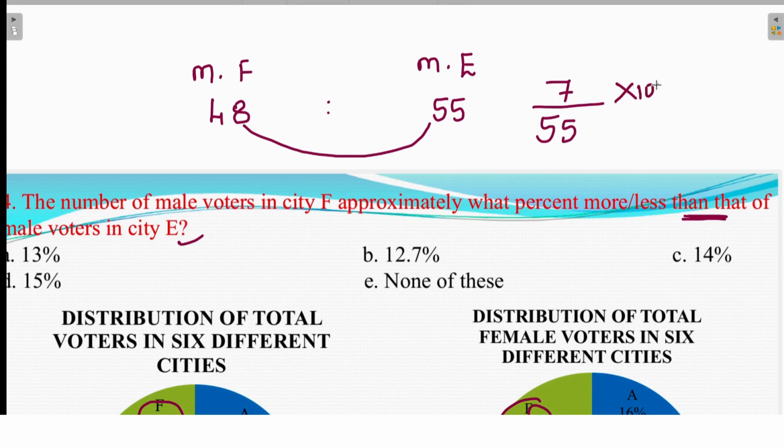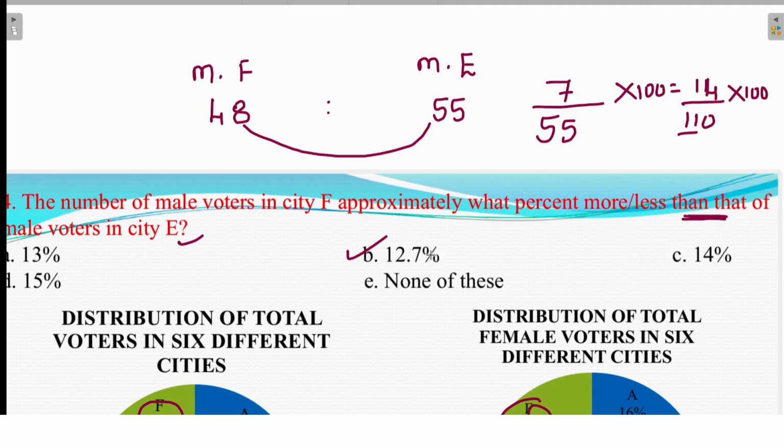So 14 into 11 means 110. 14 divided by 110, I can do it with the double concept, easily. If you do this, 10 percentage is 11, 12 percentage will be nearest to 13 percentage as the answer. It is not divisible, so definitely you will get a decimal answer.